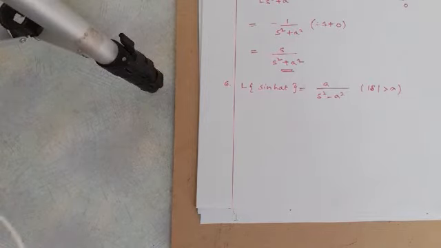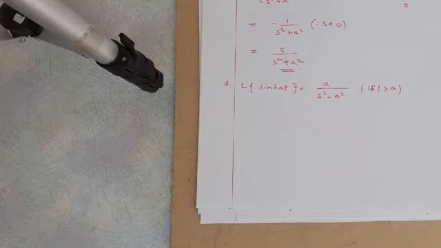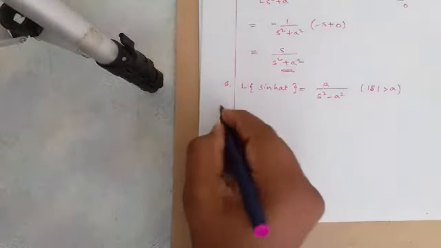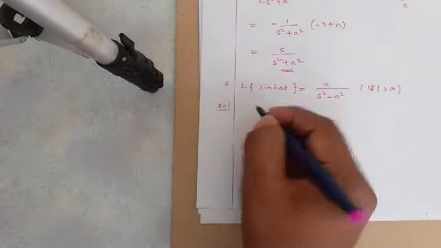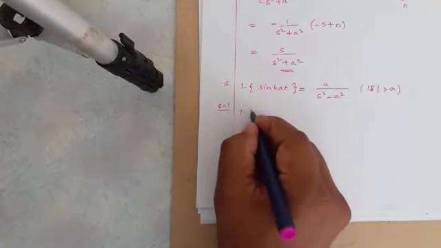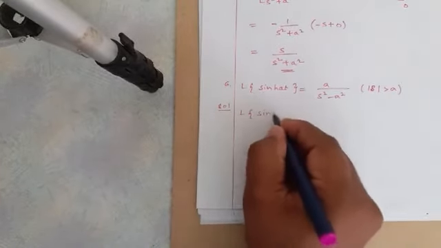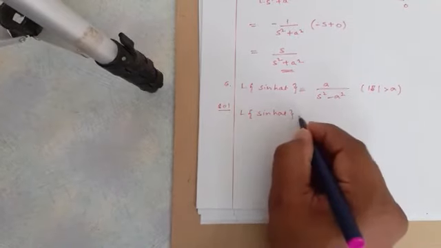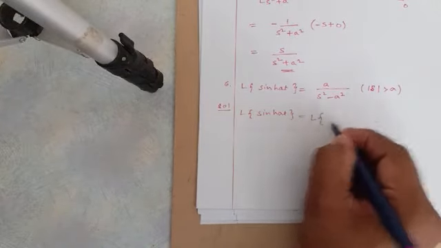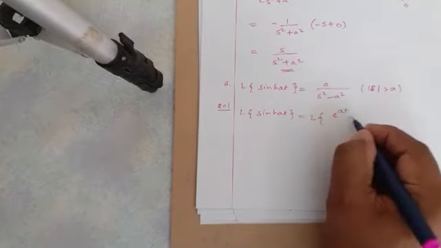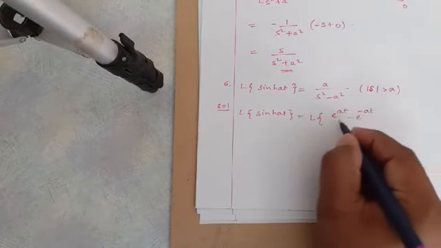So Laplace of sinh at, let us do Laplace of sinh at. For doing Laplace of sinh at, you have seen in your previous intermediate books that sinh is nothing but a hyperbolic function. So for doing the hyperbolic function, you have to use the hyperbolic formula, that is Laplace of sinh at is equal to Laplace of e power at minus e power minus at upon 2.